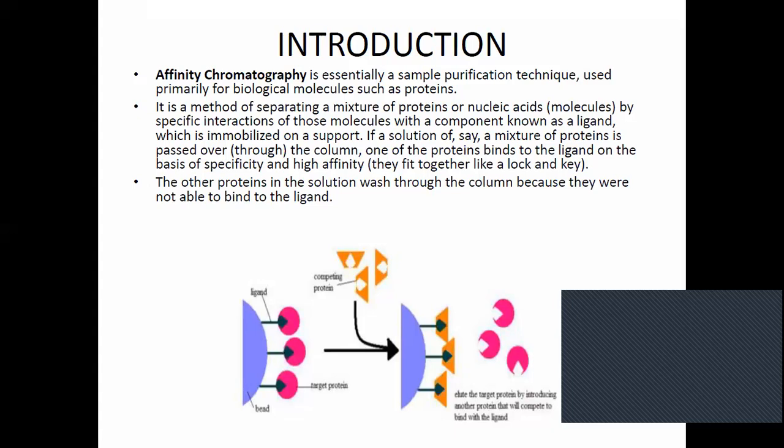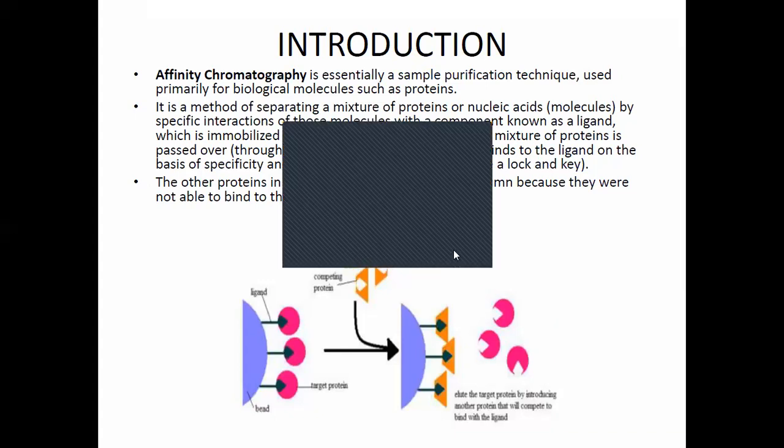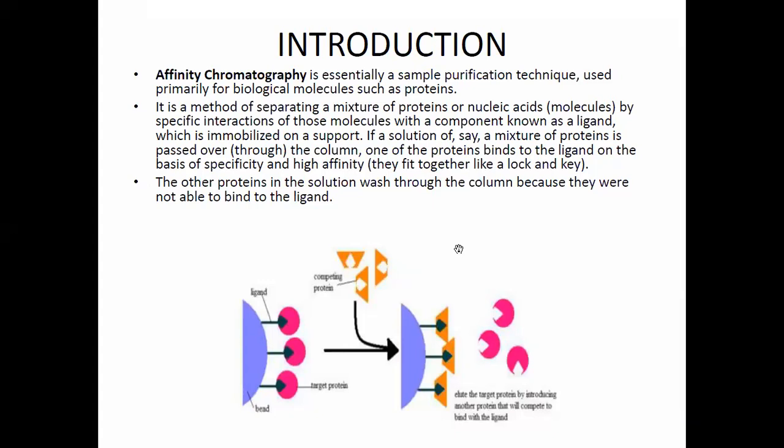So a ligand receptor type of interaction. The ligand is immobilized on a support. You can see in the diagram that a bead is there, or say the column is filled with beads. Beads are attached with the ligands, specific ligands.